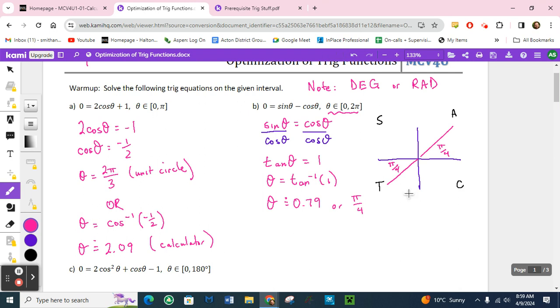So using the CAST rule, theta equals, what is that angle? That angle is pi over 4 past the negative x-axis, and we all know the negative x-axis is pi radians. The second solution is pi plus pi over 4, which is 4 pi over 4 plus pi over 4, 5 pi over 4.